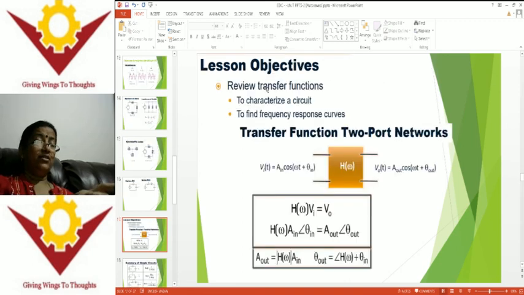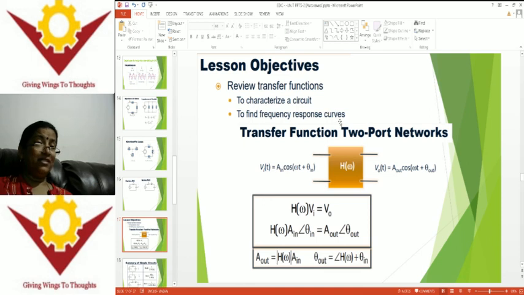So the basic objectives from this step onwards are the transfer functions of particular circuits, to characterize those circuits, and to find the frequency response curves of these circuits.